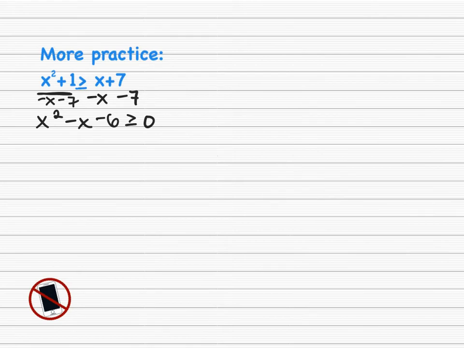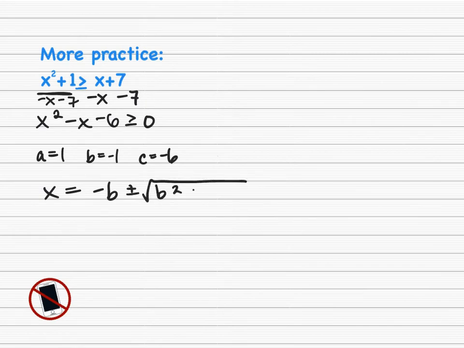Since I factored it the first time, I'm going to go ahead and use quadratic formula. For that, a equals 1, b equals -1, and c equals -6. So my quadratic formula: x equals -b plus or minus the square root of b squared minus 4 times a times c, all divided by 2a.